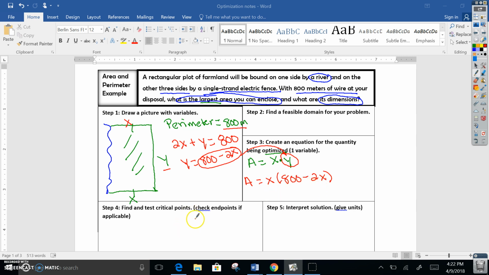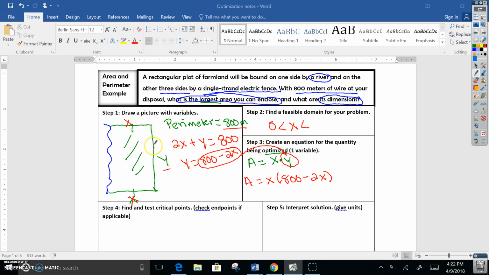Before I move on to finding and testing critical points, I'm going to try to find a domain for my problem. Since the variable we're focusing on is x, I'll ask myself, what's the smallest value of x I could have? That's 0. In that case, we would just have one really long line, with all the perimeter used in y. So that's definitely not going to be my answer, but my critical point will be between 0 and something.